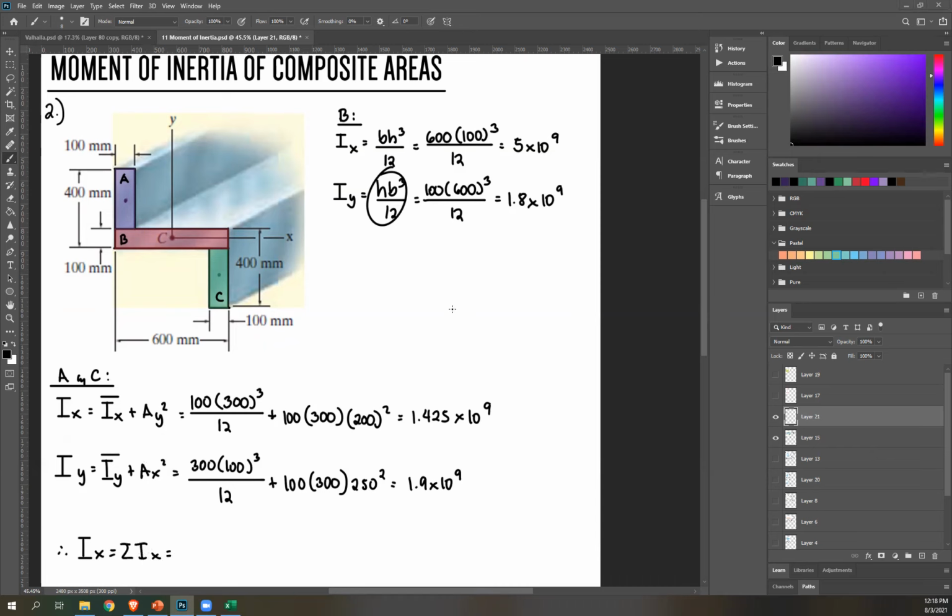So we have first this 5 times 10 raised to 9, plus 1.425 times 10 raised to 9. However, this is the moment of inertia of your two blocks. So you can just multiply this by 2. Please solve. What's the final answer?